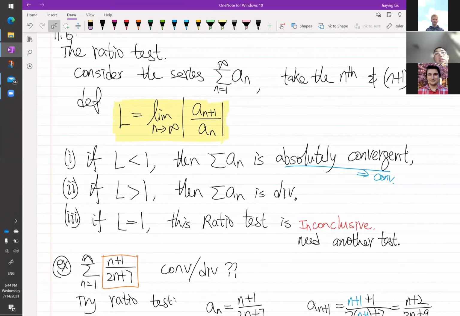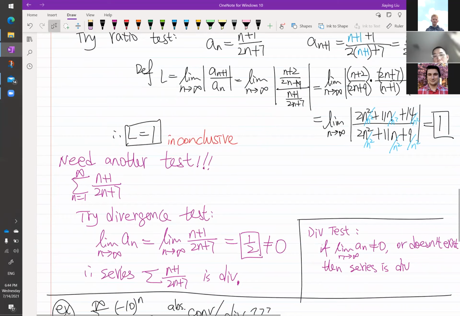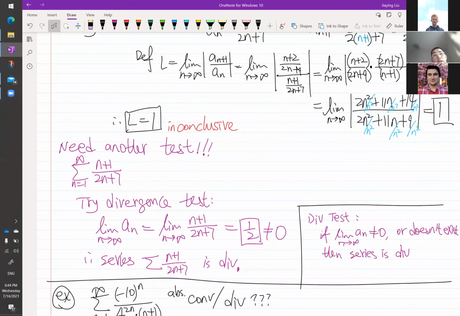That's the ratio test. But for the divergence test, if the limit is not 0, then it's divergent. If it's equal to 0, then it's inconclusive. So those two tests have different constants that you compare with.